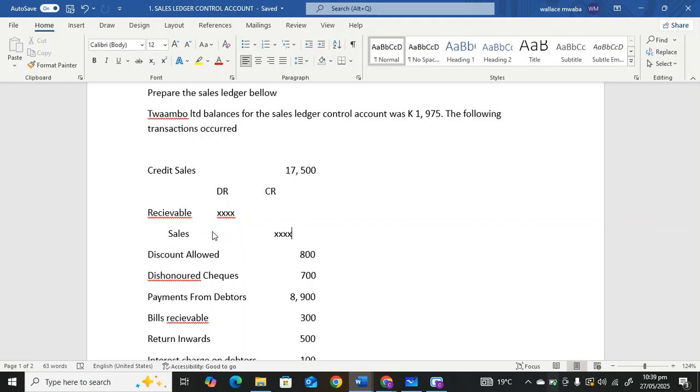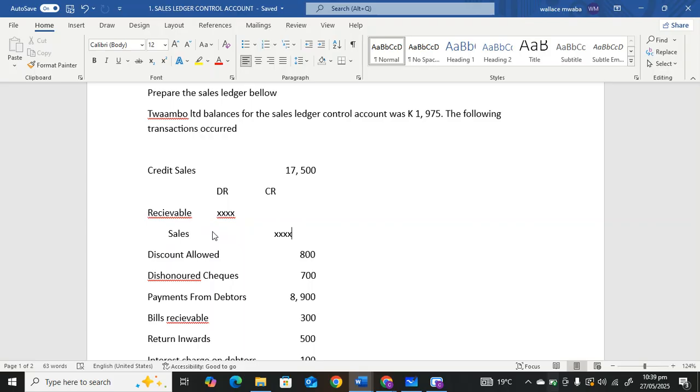You are being owed money. Increase in an asset, you debit the receivable. Then you credit sales. According to the accruals concept, whenever you make a sale or incur an expense, you record it even though money hasn't been transferred. So you're going to credit sales.